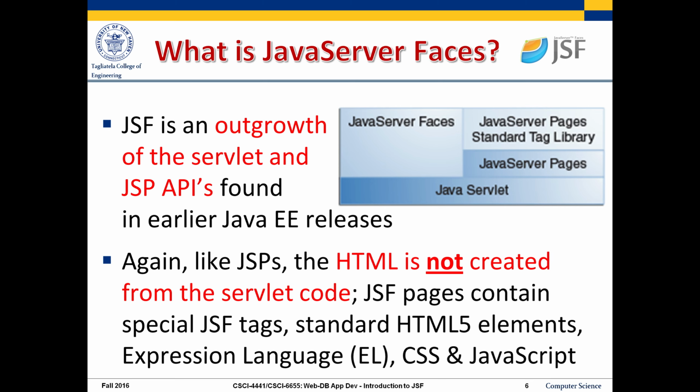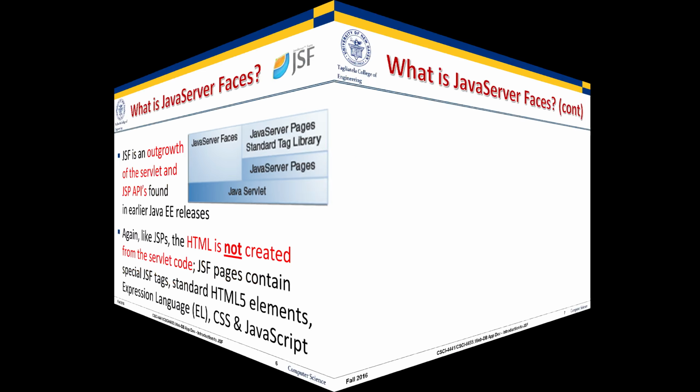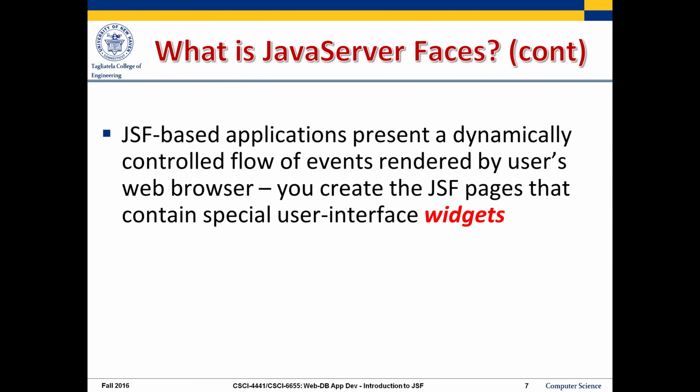Again, like JavaServer Pages, the HTML is not created from the servlet code, but in fact the JSF tags, other standard HTML5, the unified expression language statements, those are the ones with the hash signs plus the curly braces for evaluation, and then of course CSS and JavaScript are all part of JSF pages.